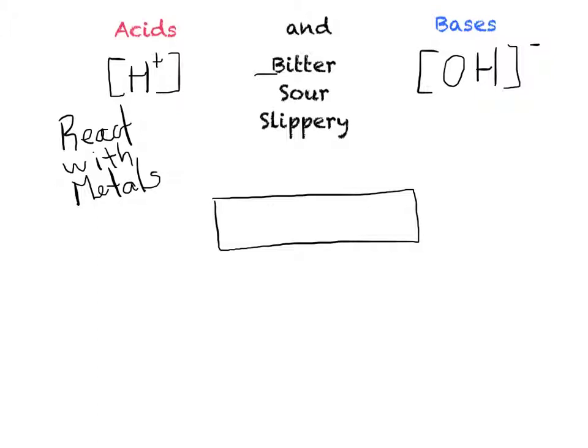Another characteristic that can help us differentiate between acids and bases is the use of indicators. So let's imagine that this little rectangle over here is an indicator. This is called litmus paper.